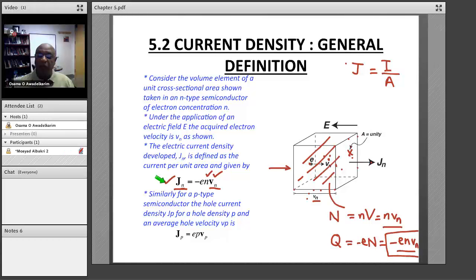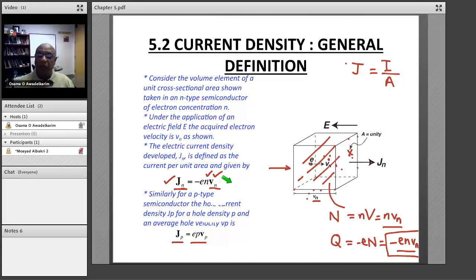Similarly, I could have made the same argument for holes. And if I do that, then the current density of holes will be equal to E, the charge on a hole, which is the positive electronic charge, times P, the density of holes, times Vp, the velocity of holes.